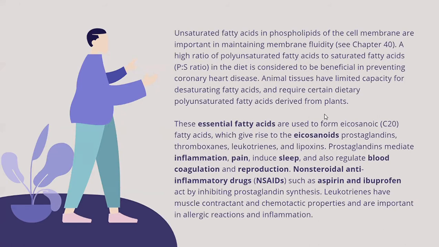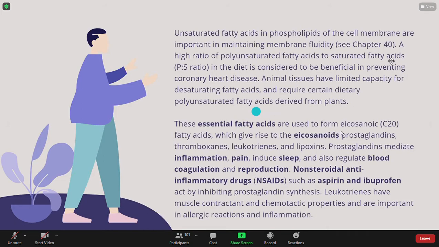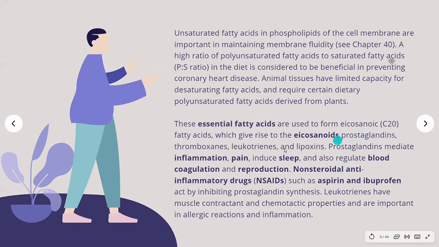Eicosa meaning 20. Eicosanoids, and these are the following eicosanoids: prostaglandins, thromboxanes, leukotrienes, and lipoxins. And prostaglandins mediate inflammation, pain, induce sleep, and also regulate blood coagulation and reproduction.